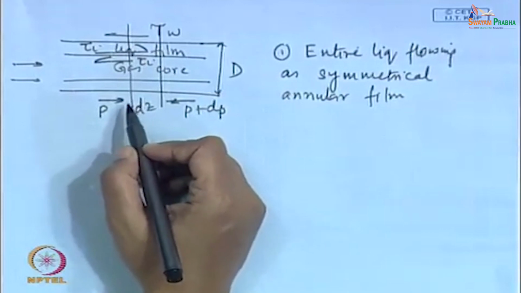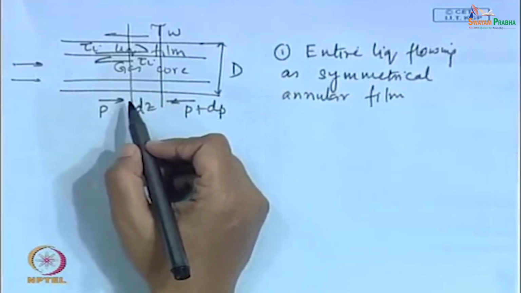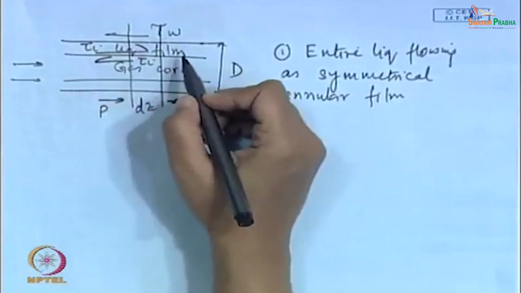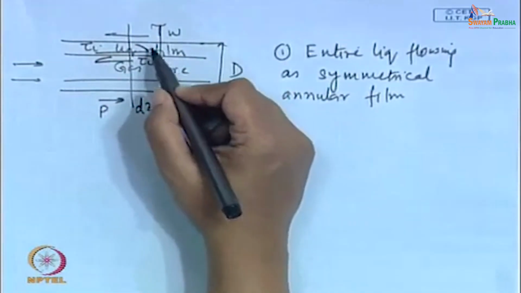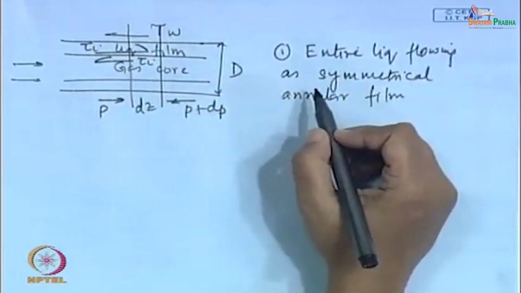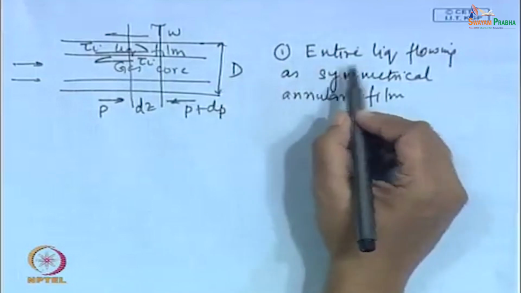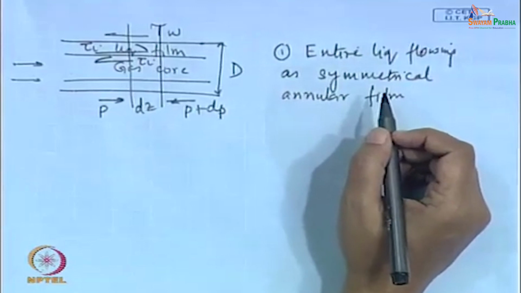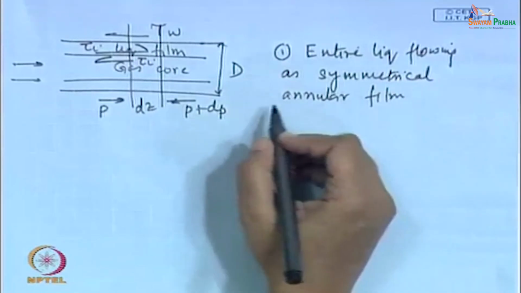But when the gas flow rate is quite high and the liquid flow rate quite low, the distribution tends towards symmetric. So the symmetrical assumption is quite justified. The first assumption: the entire liquid flows as a symmetrical annular film between the channel wall and the gas core.